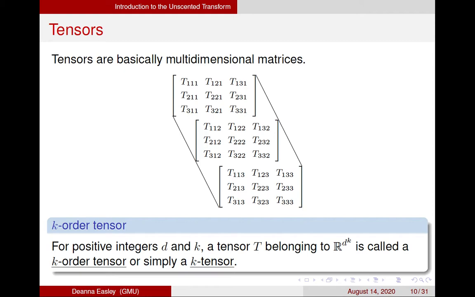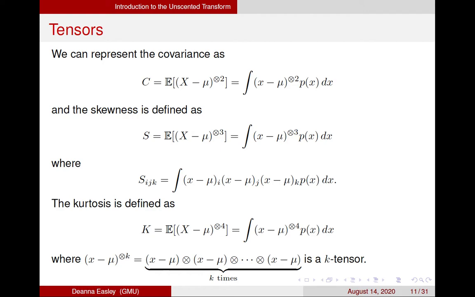In particular, a vector can be thought of as a 1-tensor and a matrix as a 2-tensor. Here we can see how the covariance, skewness, and kurtosis can be represented in tensor notation, where the skewness is a 3-tensor and the kurtosis is a 4-tensor.